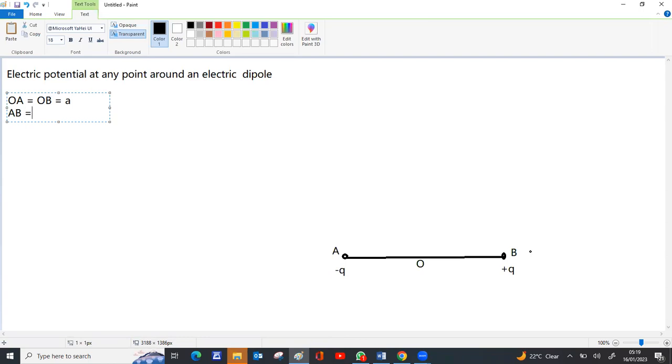That is the dipole length, 2a. Dipole moment P is the product of dipole length with charge.